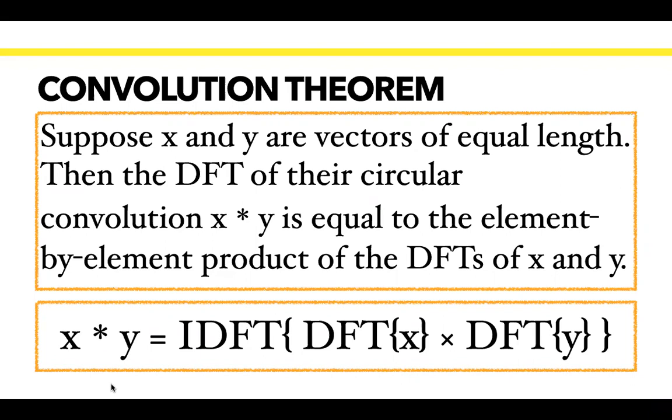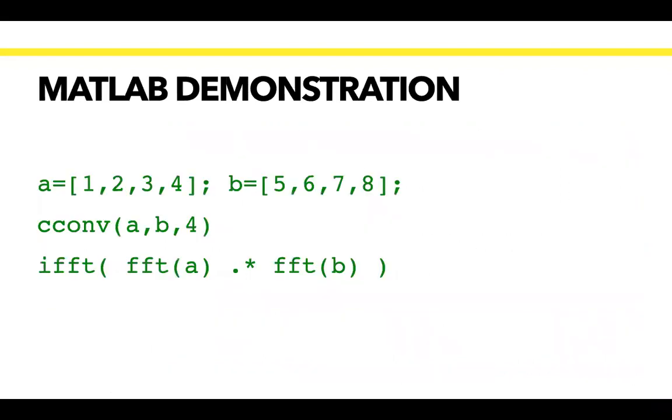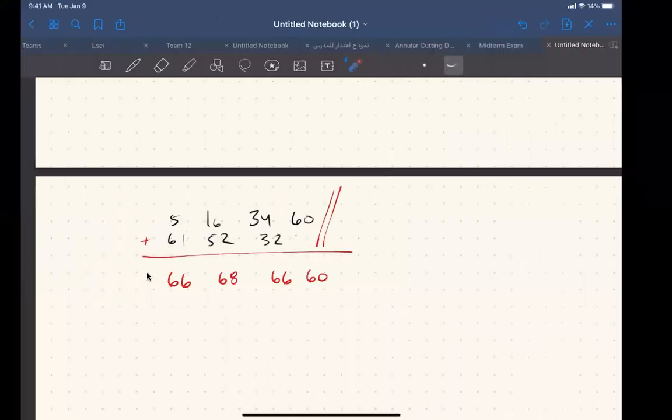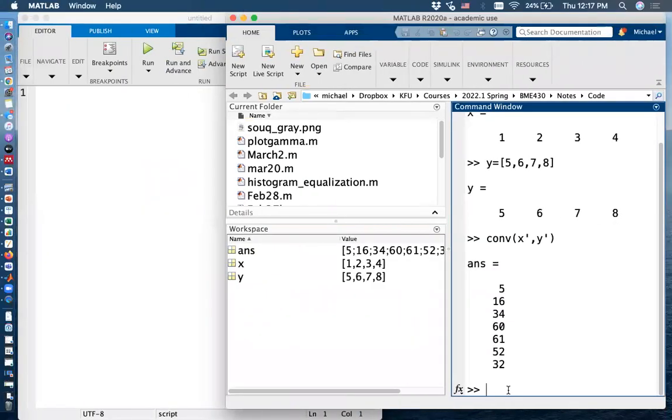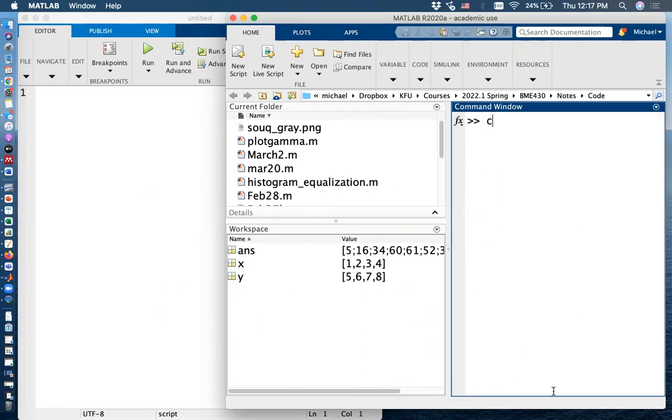All right, let's prove that in MATLAB. Again, in MATLAB, we have x and y. These are the same, they've been the same through the whole class today. We could first do the circular convolution. In MATLAB, that function is CCONV, circular convolution. We'll do x and y.